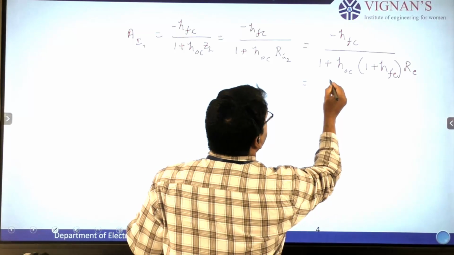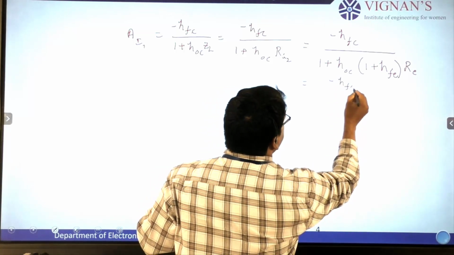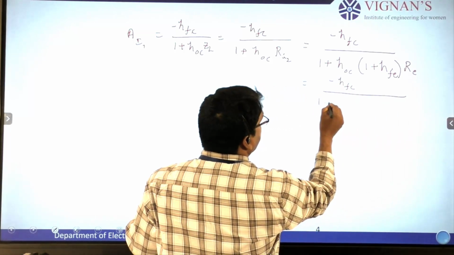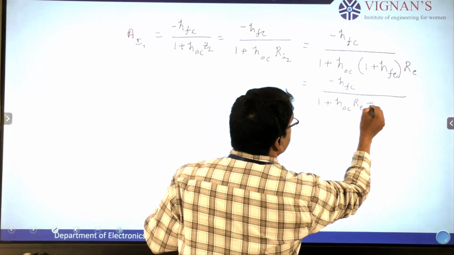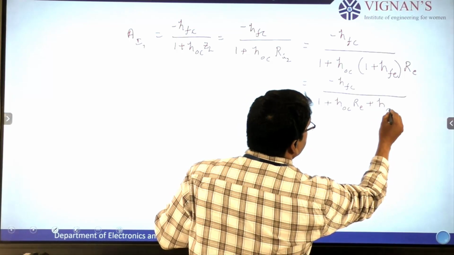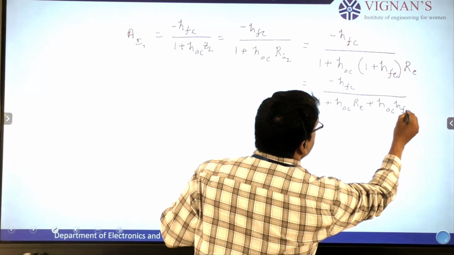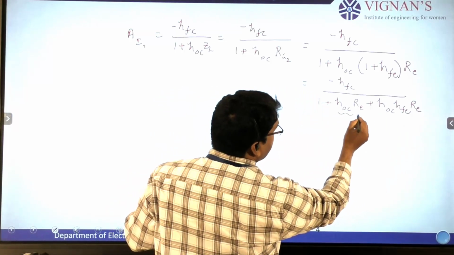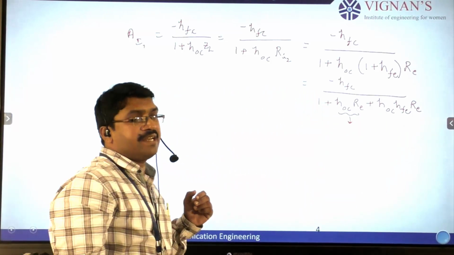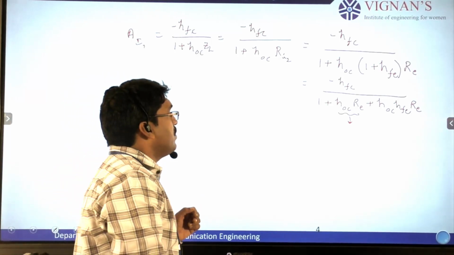Expanding, this is minus hfc by 1 plus h0c Re plus h0c hfe Re. In this, the h0c multiplied by Re term is negligible, which is less than or equal to 0.1.